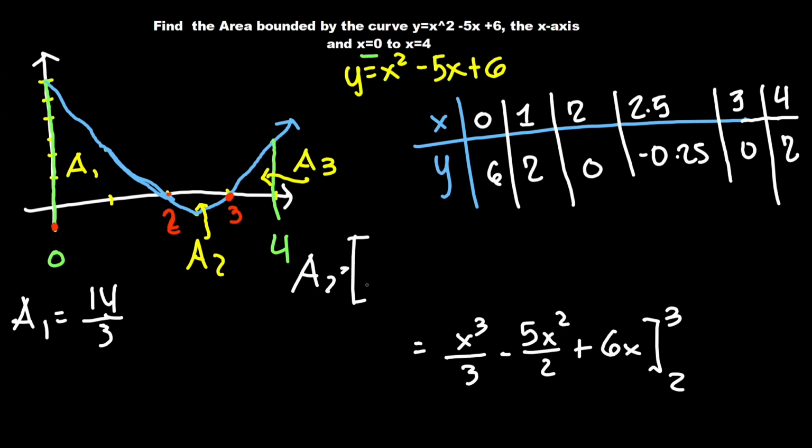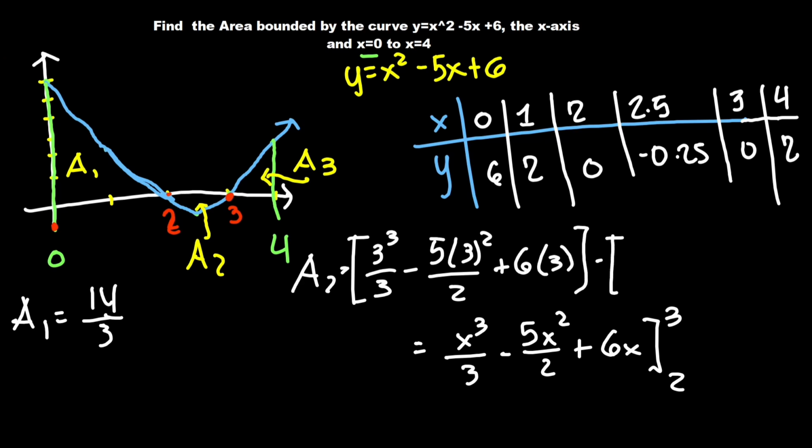So substitute 3 first. This would be 3 cubed over 3 minus 5 times 3 squared over 2 plus 6 multiplied by 3, minus 2 cubed over 3 minus 5 multiplied by 2 squared over 2 plus 6 multiplied by 2.